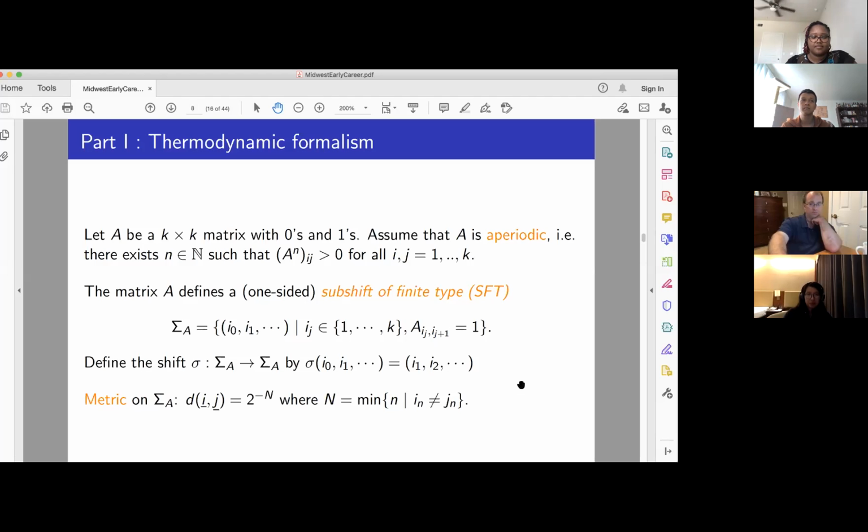That is to say, this is the minimum integer n such that i sub n is not the same as j sub n, but for all indices smaller than n, the sequences i and j are equal. Okay, so with this metric, we can talk about Hölder continuous functions on this subshift of finite type, right?